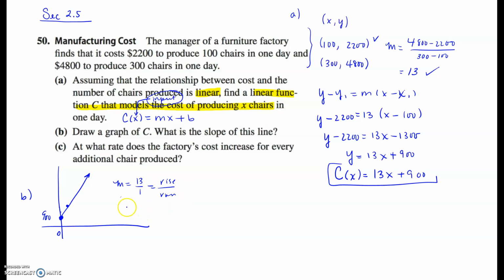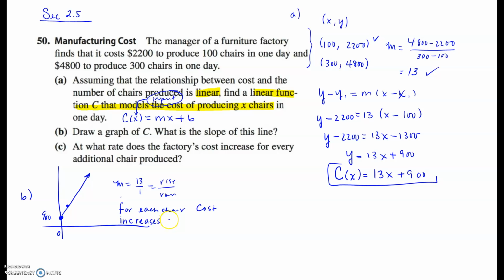And so for each chair, this is our interpretation, for each chair, cost increases because we have a positive slope, decreases if we would have had a negative slope.